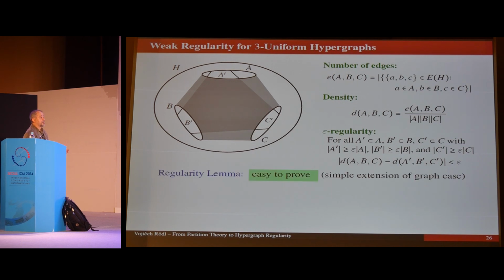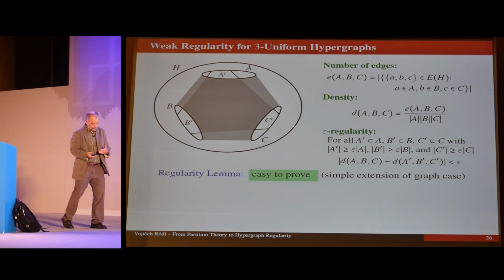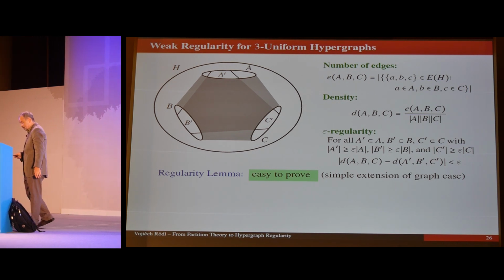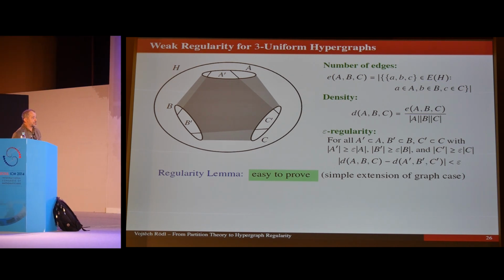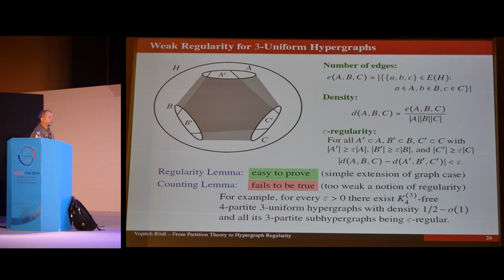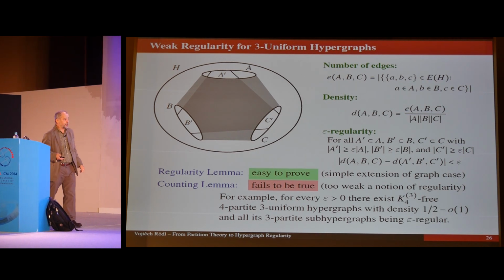And in this case, we could easily prove the regularity lemma. Actually, we could prove it along the argument of the graph regularity lemma. However, the counting lemma fails to be true.